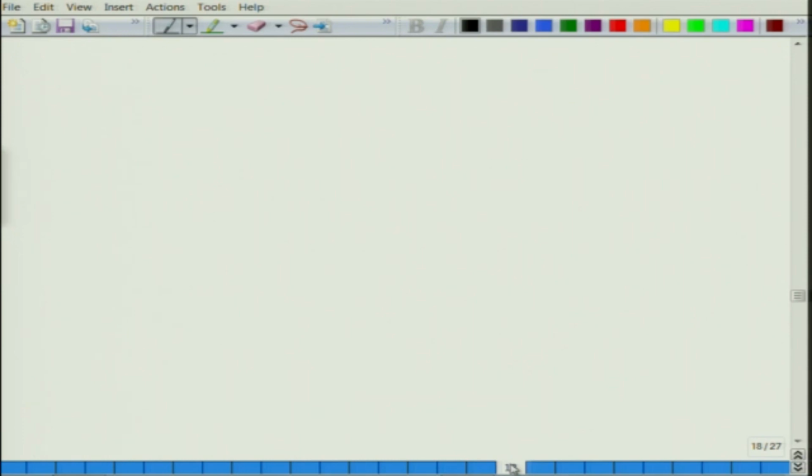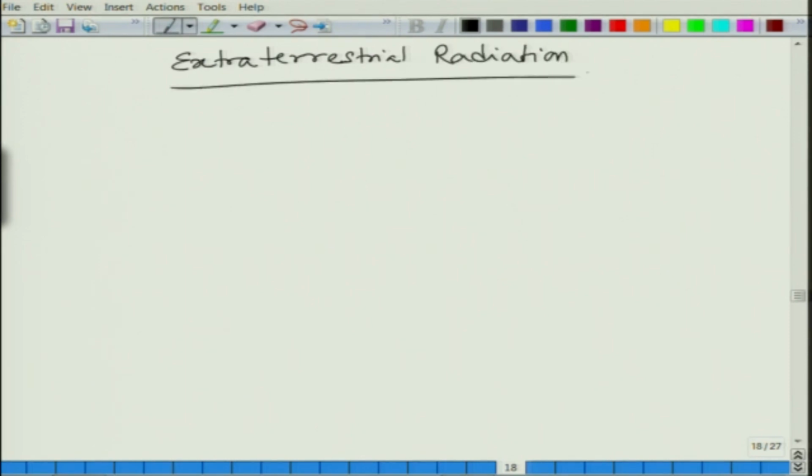Okay. Now, we will talk about this extraterrestrial radiation. Okay. What do you mean by terrestrial? Terrestrial means related to earth. So, basically in this case whatever is reaching the surface of the earth, that is what we call terrestrial radiation.